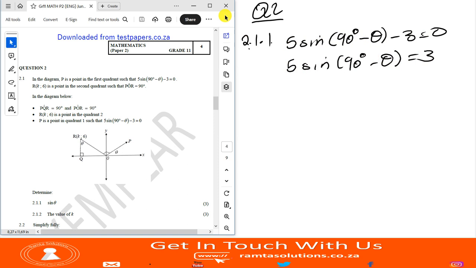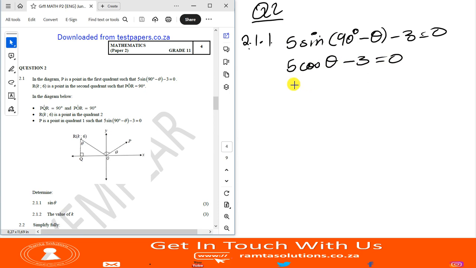But pay attention: this is sine of 90 degrees minus theta, in the first quadrant, so sine is positive. Because of the 90 degrees, sine changes to cosine. So this is 5 cos theta minus 3 equals 0.